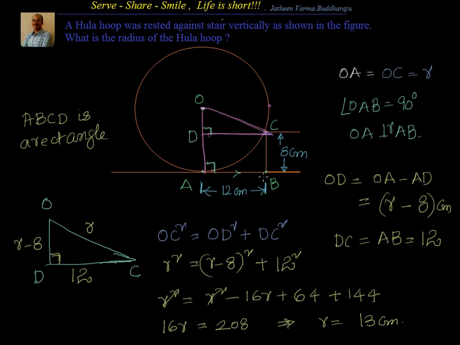But we know that BC will be intersecting the circle, whereas AB is touching the circle at A. That means OA is perpendicular to AB because AB is a tangent. So once we know that it's 90 degrees, we have to look for options to get a right angle triangle here. Leveraging the given measurements, we should be able to form a right angle triangle. Then we can use Pythagoras theorem to find out the radius of the hoop.